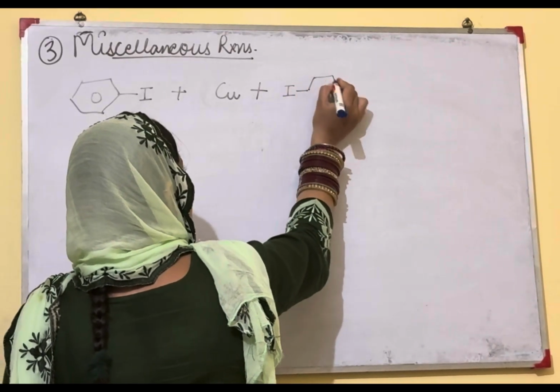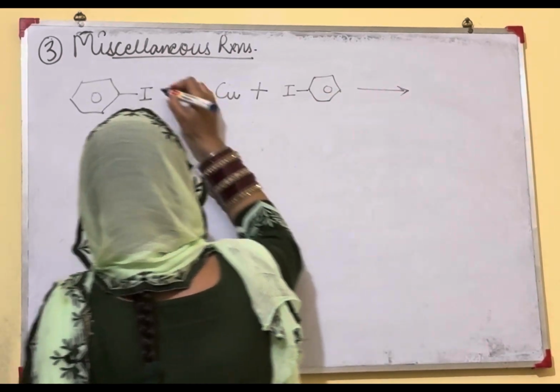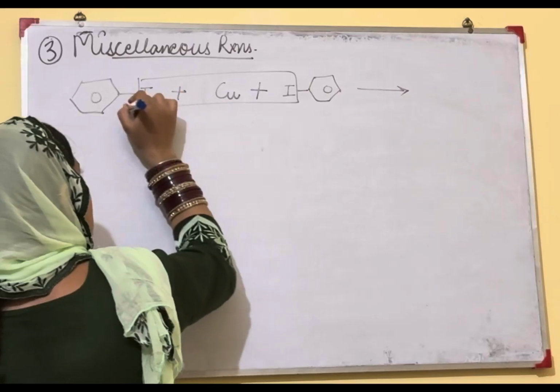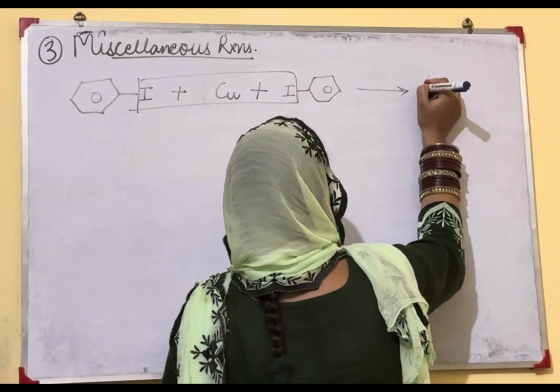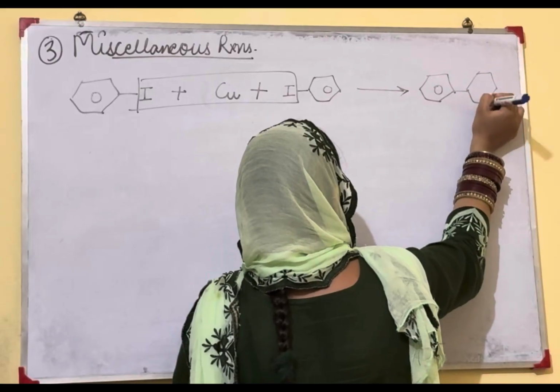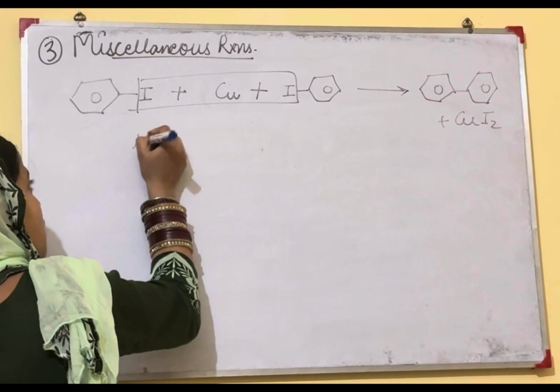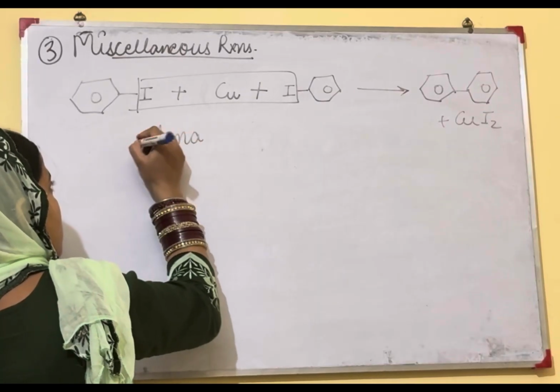Here is iodobenzene. What will happen? CuI2 will be removed and it leads to the formation of biphenyl plus CuI2. This reaction is called Ullmann's reaction.